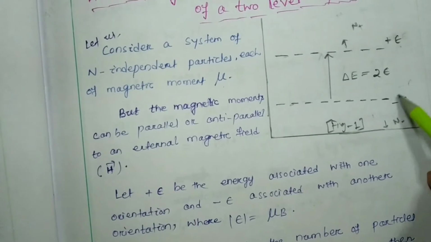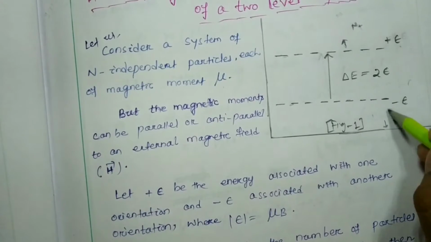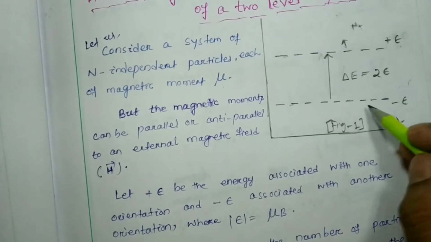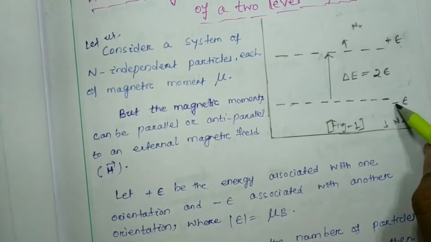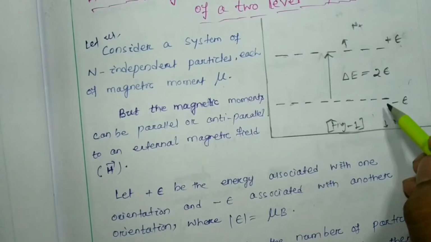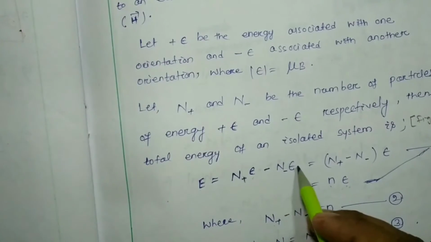For the lower level, the energy is minus epsilon and the number of particles is N minus, so the total energy of this level is minus N minus epsilon.